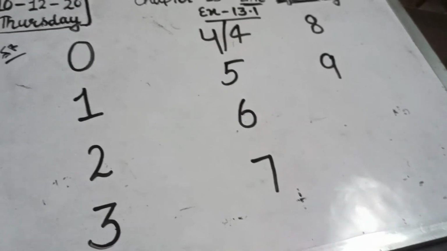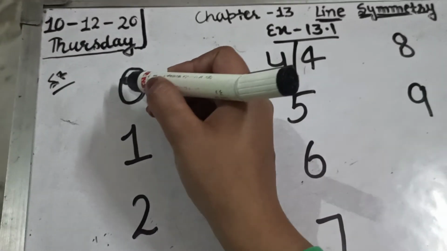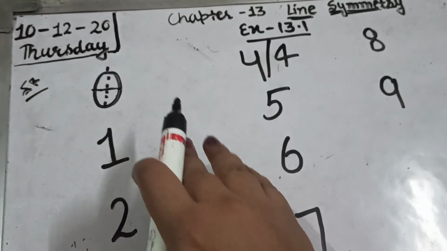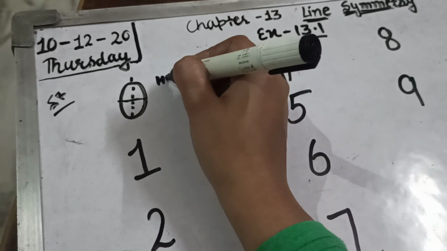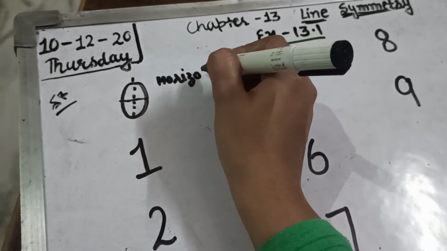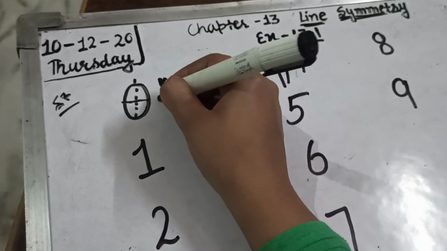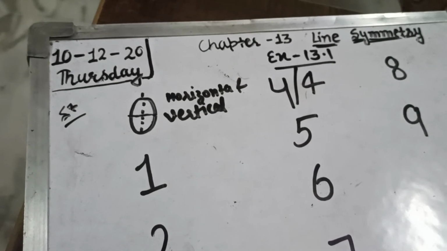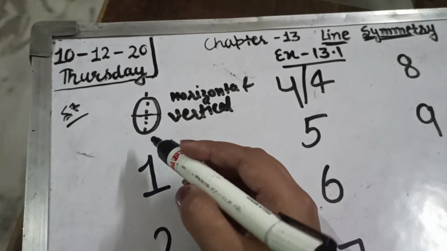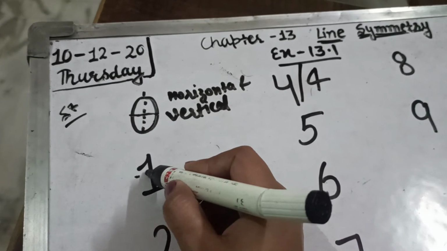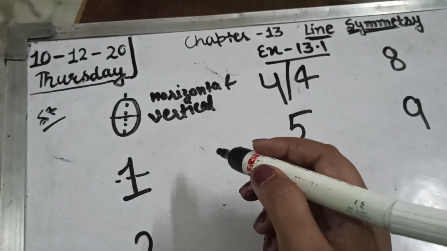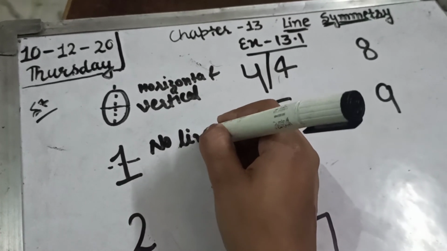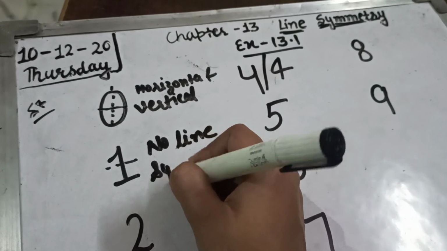Now come to 0. If I draw horizontal, it divides. If I draw vertical, it divides. It means 0 has horizontal and vertical line of symmetry. Clear? After that, 1: if you draw vertical, you get nothing. If I draw on horizontal, then also it means no line of symmetry, or you can write no line symmetry.